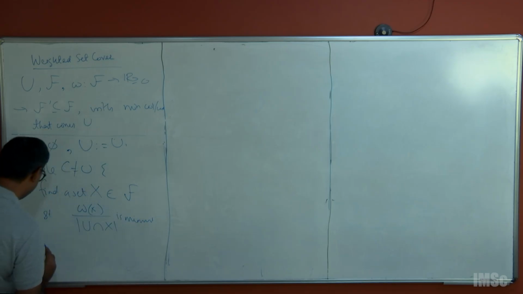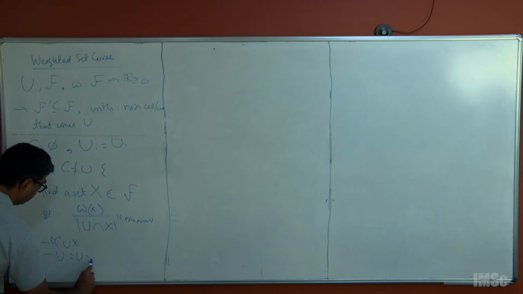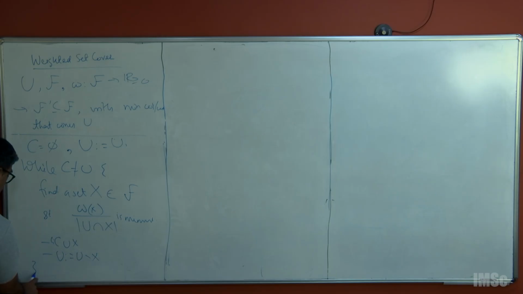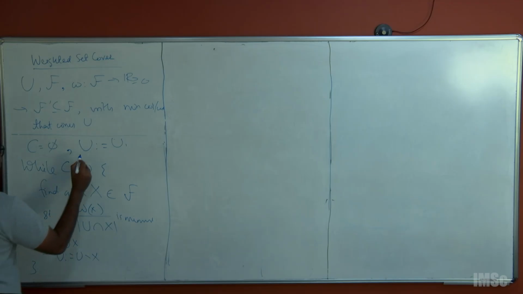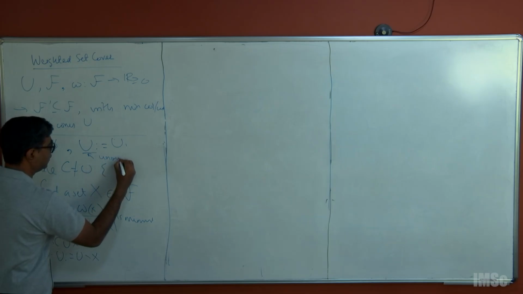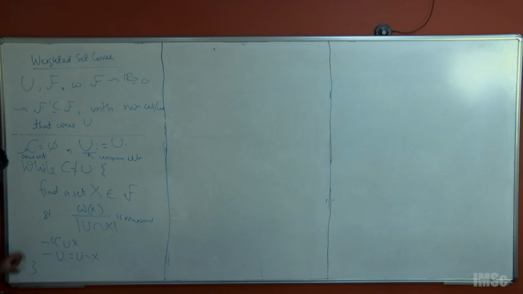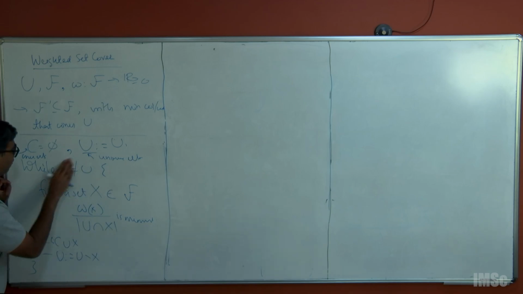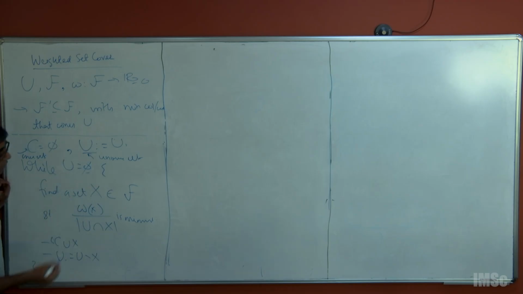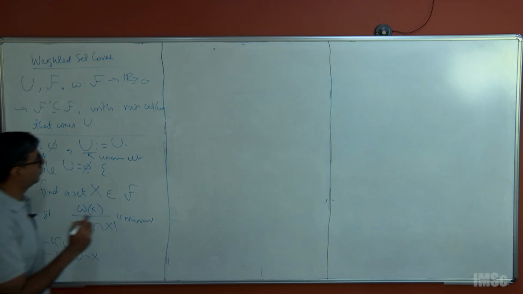Then I update: C is C union X, and U is U minus X. Every time, U contains the uncovered elements, and C contains the covered elements.